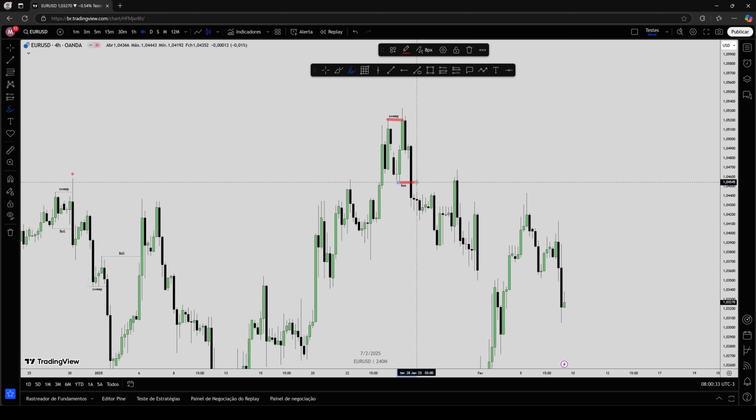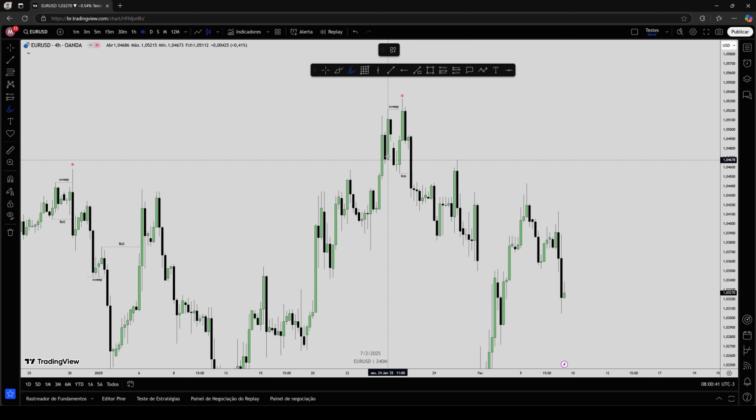So once price breaks this low here, then you have a high. Okay, so high, and then you go back in time and search for the opposite pattern.